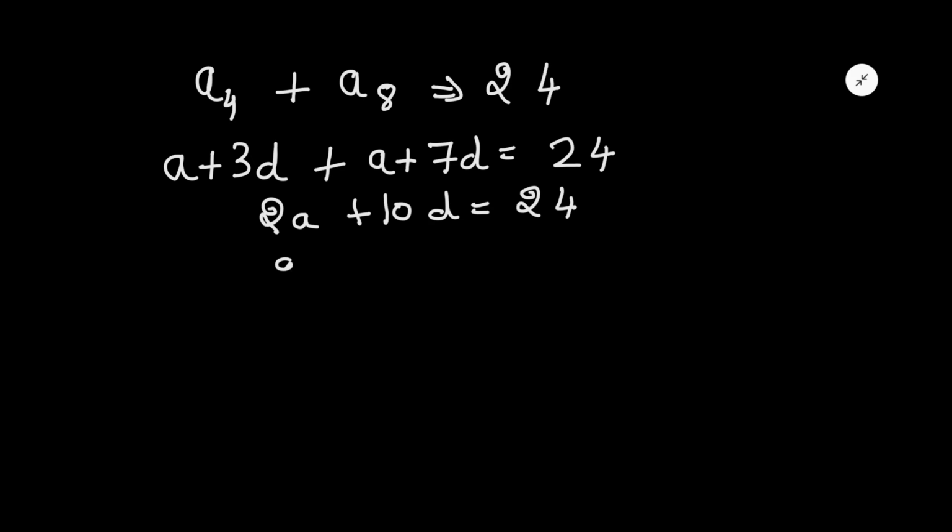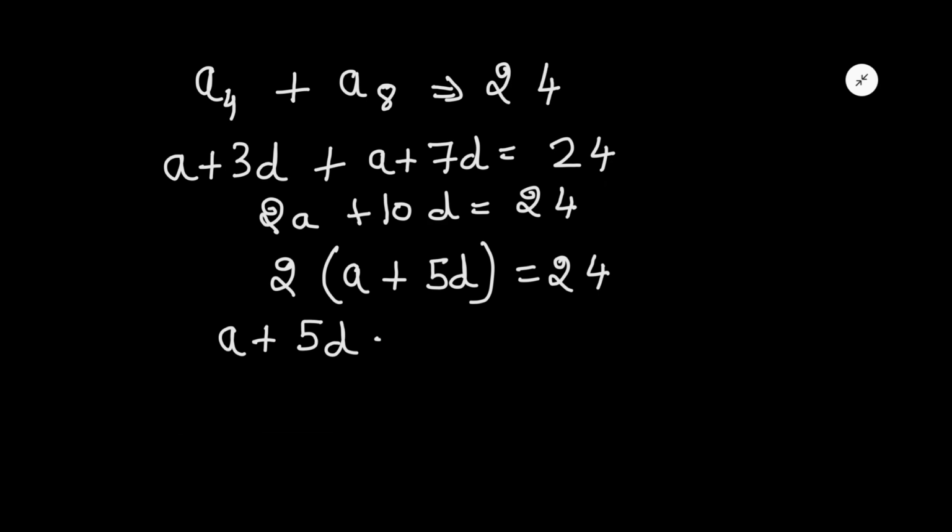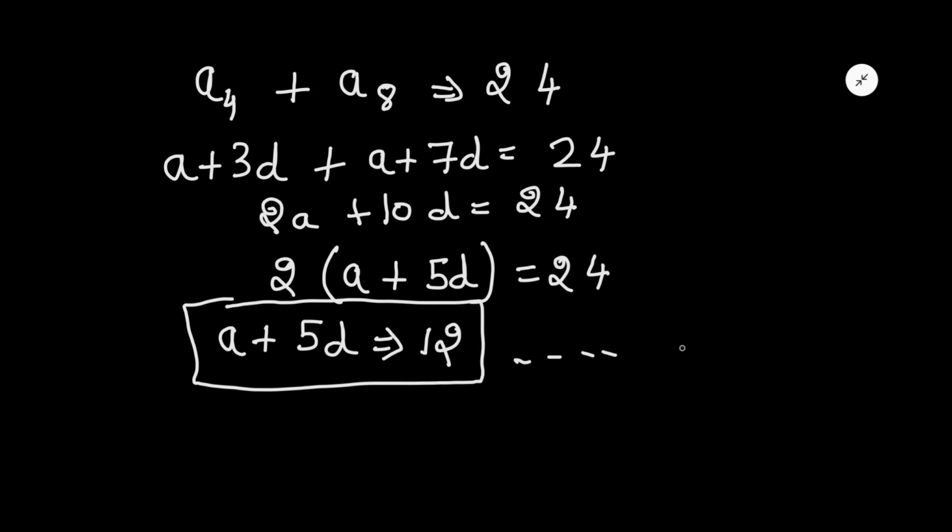So if we take 2 as a common, it becomes a plus 5d is equal to 24 by 2, which is 12. So the final equation is a plus 5d is equal to 12. We name this as first equation.